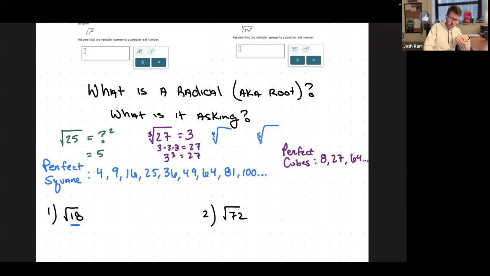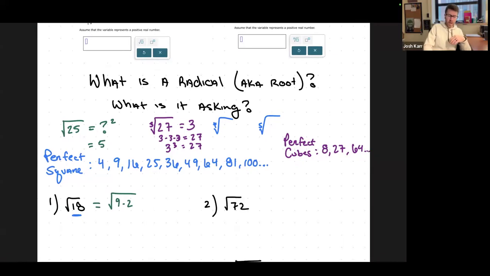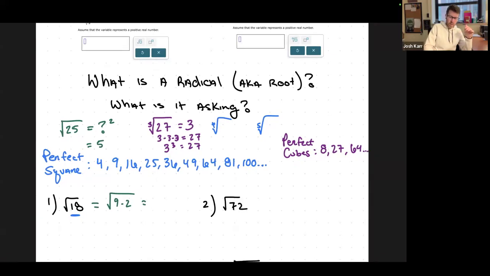18 is 9 times 2. So we're going to rewrite this 18 as 9 times 2. And then we're able to split these apart if you would like to write them as separate square roots. Now one of these you can take the square root of, which is beautiful. The square root of 9 is 3.